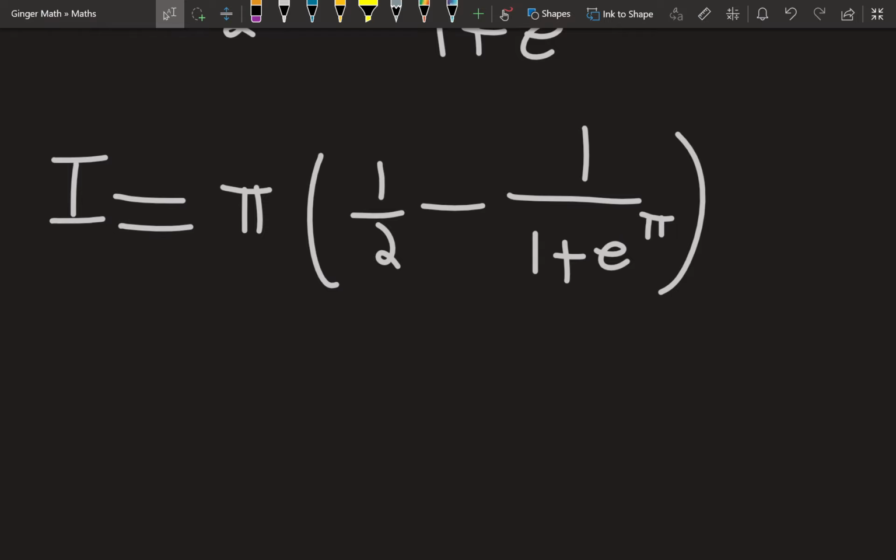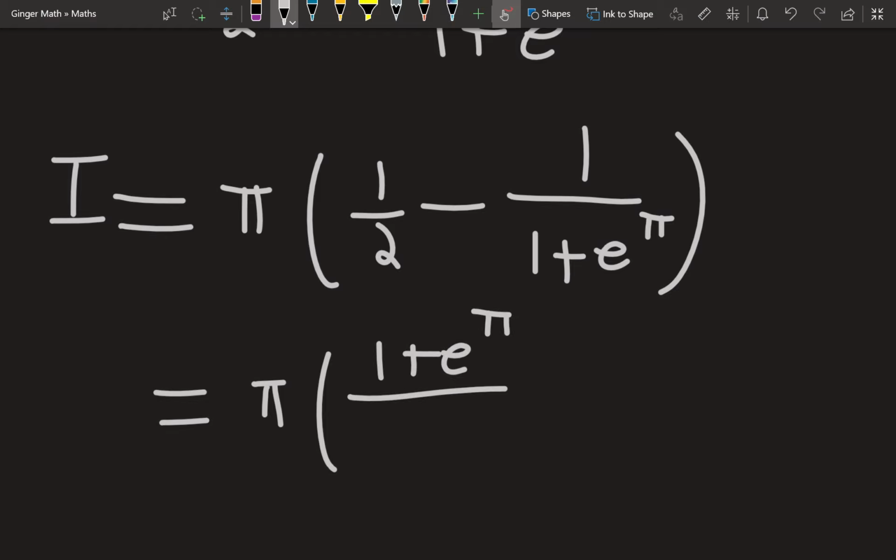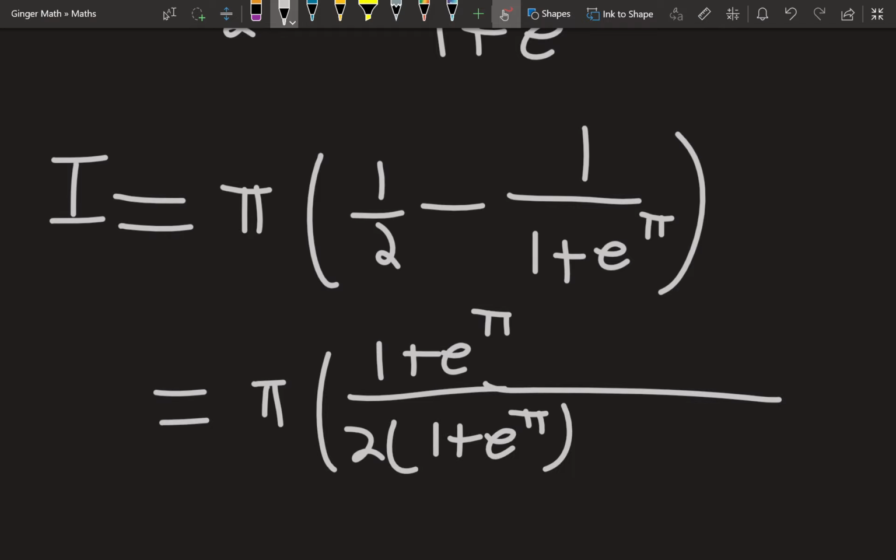Okay, and for this next bit, I'm just going to clean this up a tiny bit. So I'm going to basically get both of these to a common denominator. So we end up getting this equal to pi times 1 plus e to the pi over 2 times 1 plus e to the pi, minus 2.